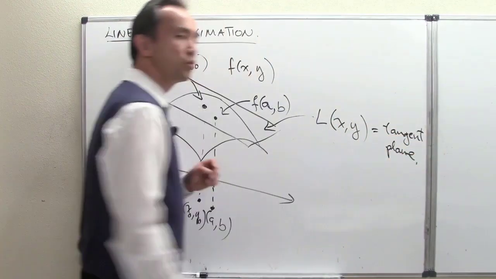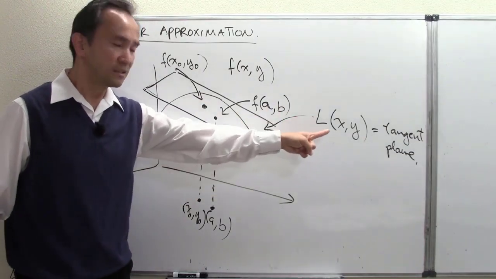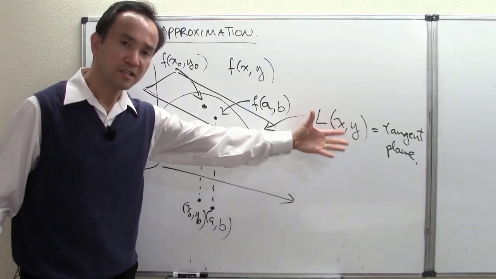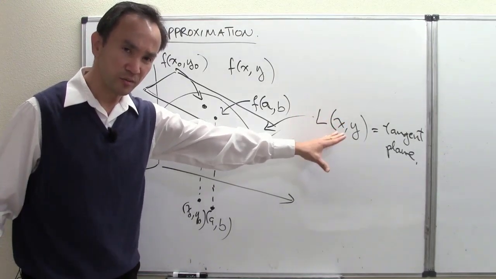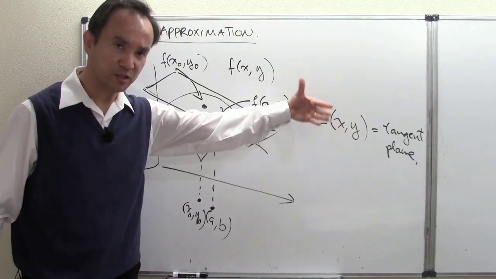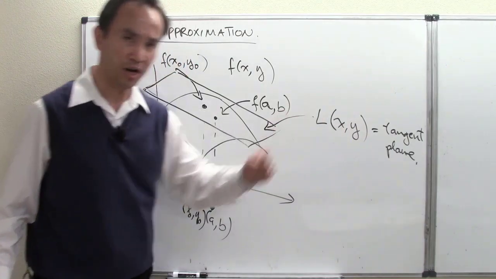That's the reason why, in earlier parts of this lesson about how we find the tangent plane, I purposely put the equation of a tangent plane in a way that is expressed as a function of x and y. It's a linear function of x and y.